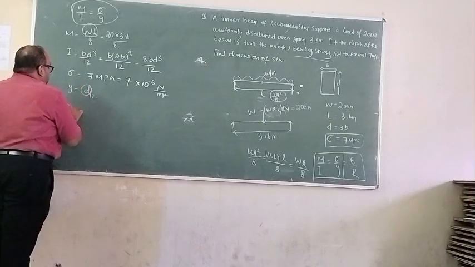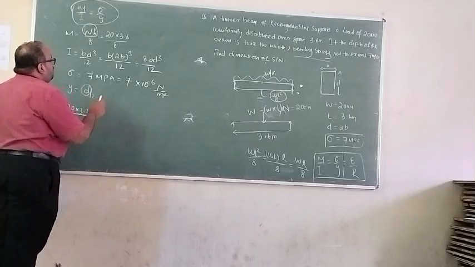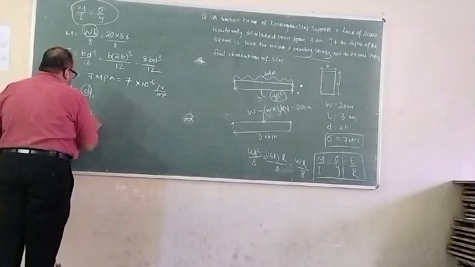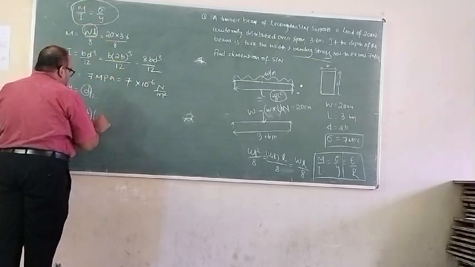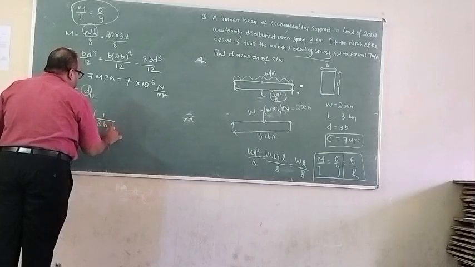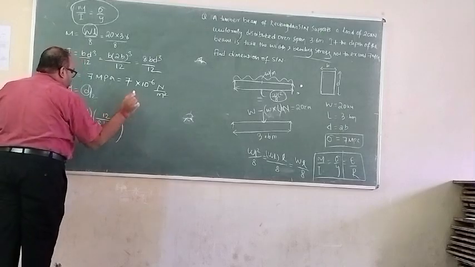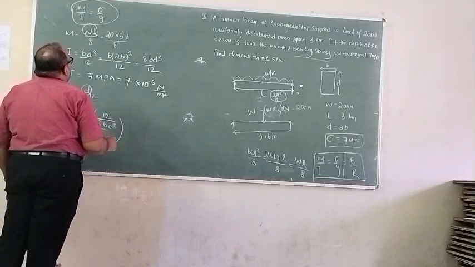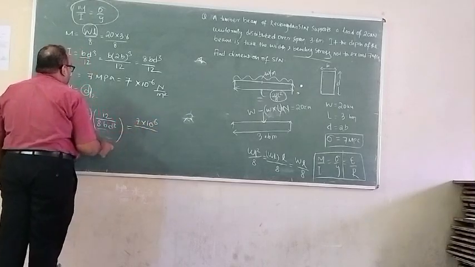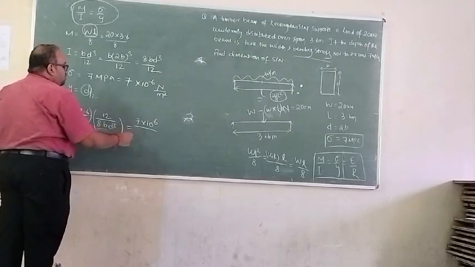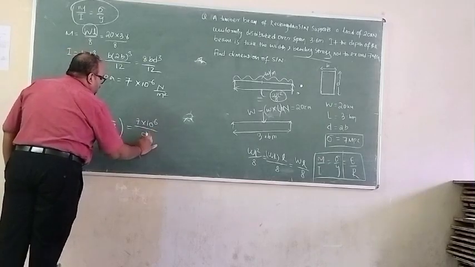So M value is 20 multiplied by 3.6 divided by 8, and I will write the I value here. M divided by I means 1 divided by I, so I can write here 8B cubed divided by 12, equals this value given 7 multiplied by 10 to the power 6 divided by Y. Y value is D divided by 2, so D divided by 2 I can place here.